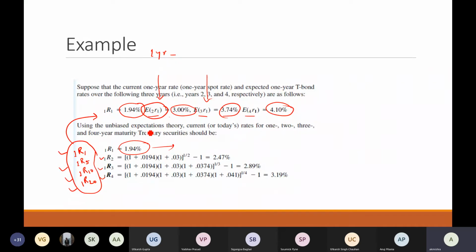There should be some basis, and that basis is coming from here, that we know what would be the one year maturing bond in the 2nd, 3rd and 4th year, and using their rate or yield, I can calculate different maturity instruments. Using all these we can draw the yield curve, and the yield curve will be like this: 1 year, 5 year, 10 and 20 year. And when we draw, we get this kind of relationship.